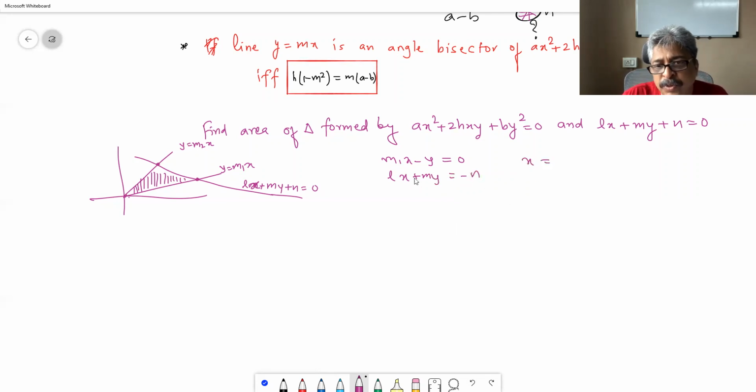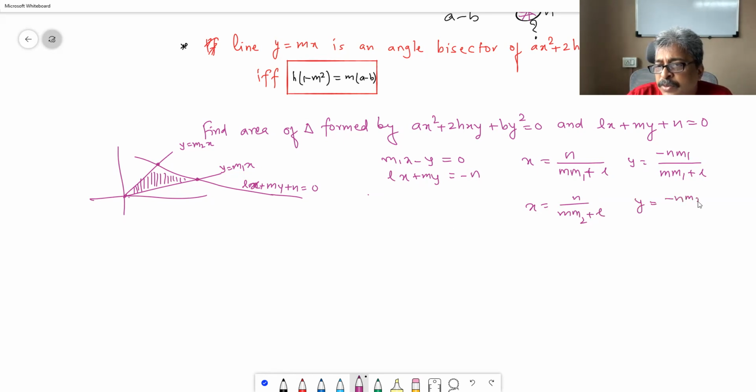Then x is equal to m into 0 minus 1 into n, which gives x = -n upon m m1 plus L, that is the x coordinate, and y = -n m1 upon m m1 plus L. If you solve the second line, what we need to do is replace m1 by m2. x is equal to -n upon m m2 plus L, y is equal to -n m2 upon m m2 plus L. Correct?